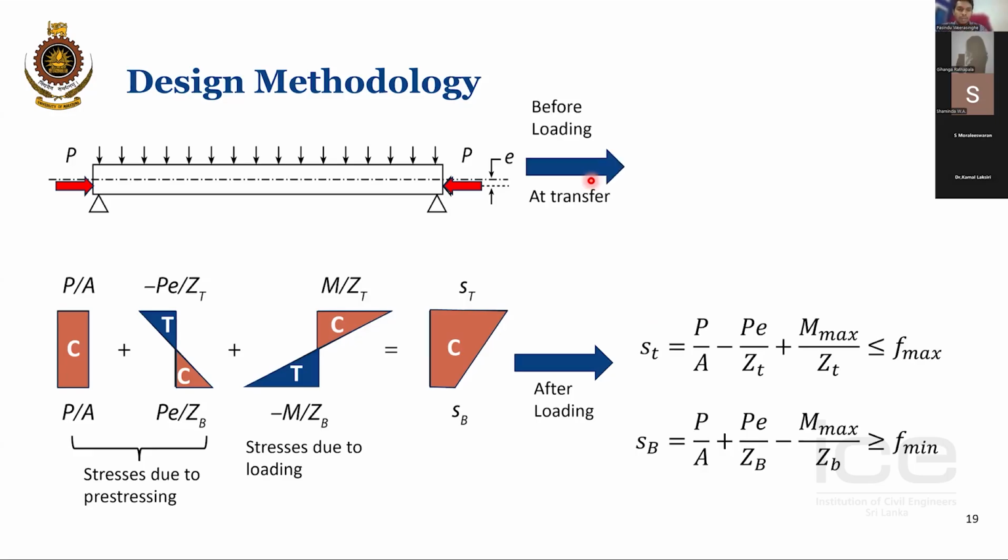And before loading, what could happen is, so this is after loading. Before loading means before you apply the external load, it will have only this pre-stress and the self weight of the beam. So due to that, what will happen is the opposite of this one.